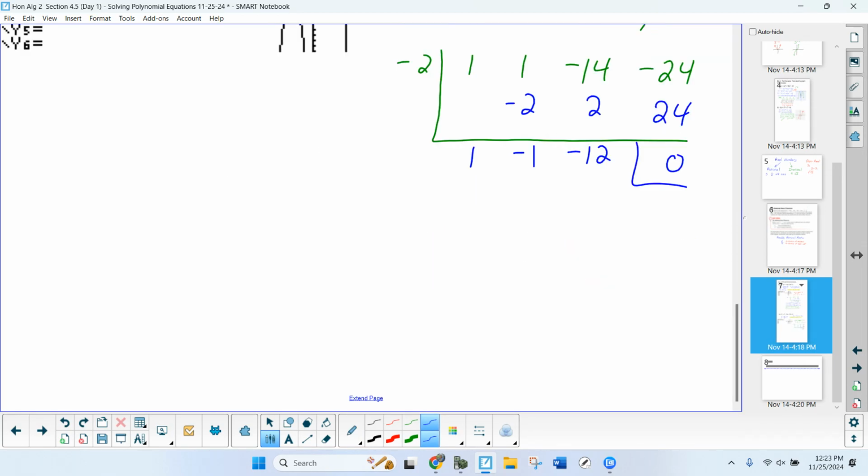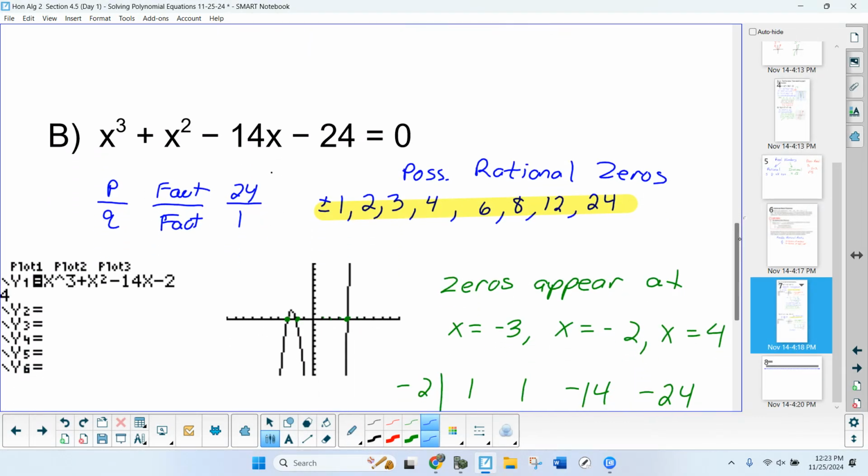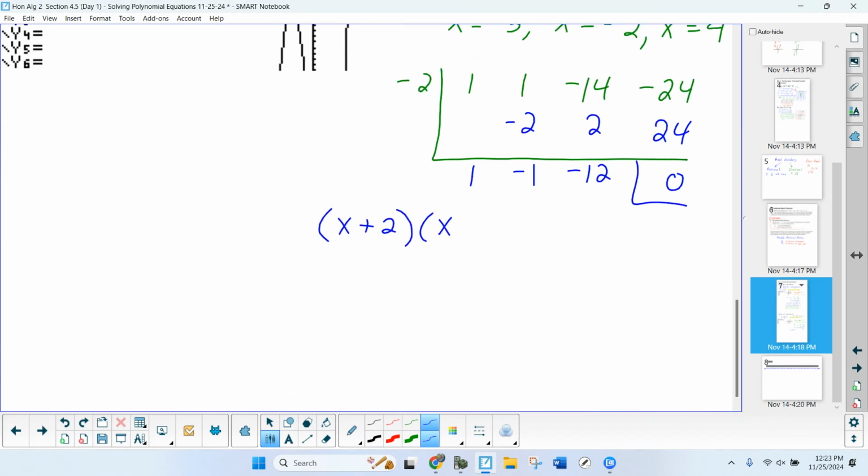Okay, so now what are my factors? This becomes a factor of what? X plus 2. Careful, we started with x to the what? Third. So what's left is x squared minus 1x minus 12.